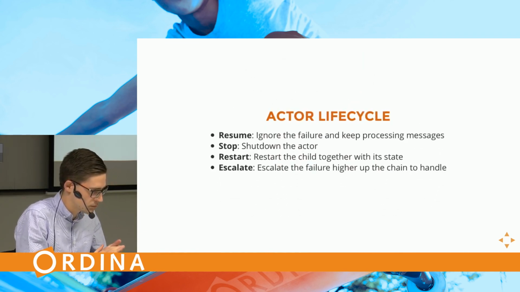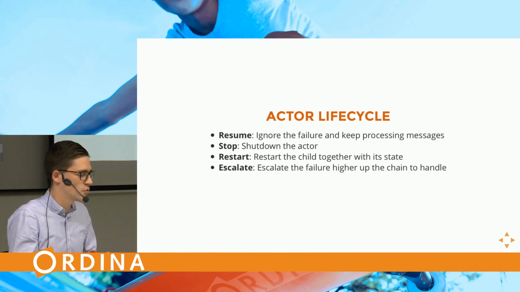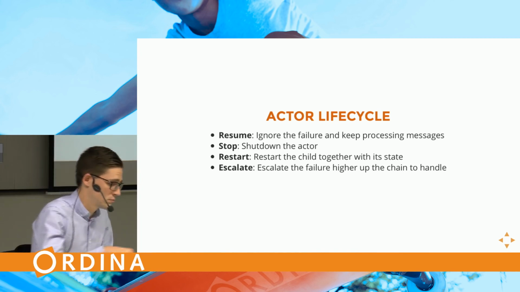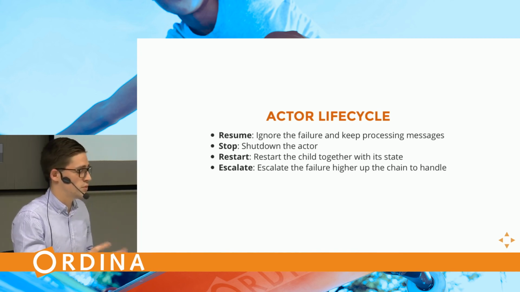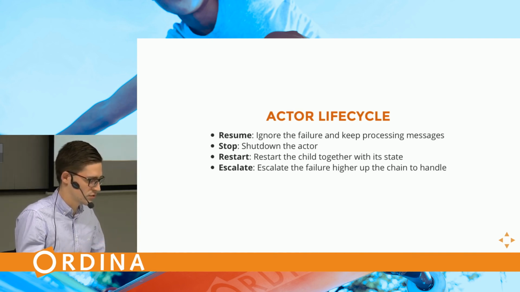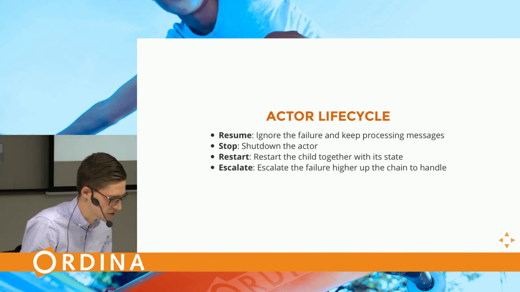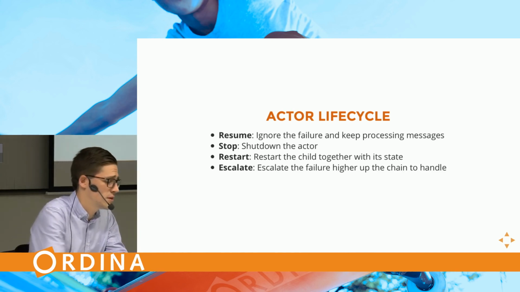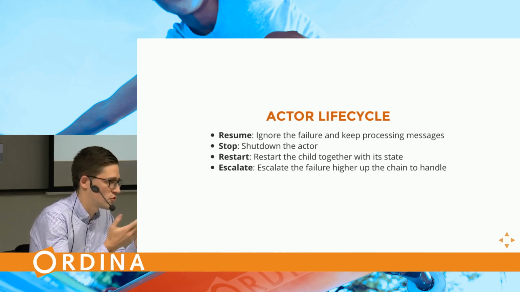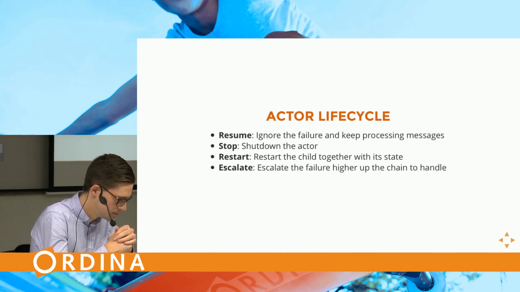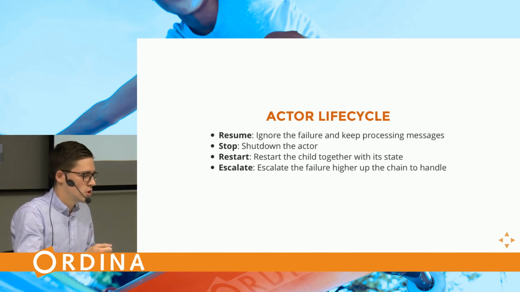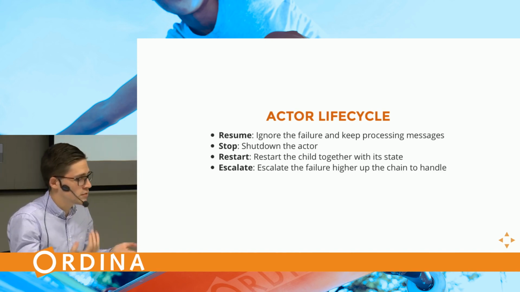As I mentioned before, we have 4 different ways to influence the actor lifecycle. You can resume the actor, in which case you ignore the failure that just happened and tell the actor, it's okay, just keep on processing messages. Then you have the stop that you can use to shut down the actor. We have a restart to restart the child, optionally together with its state.